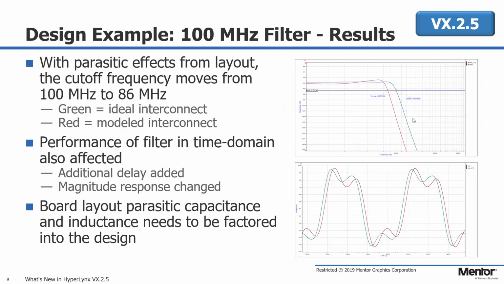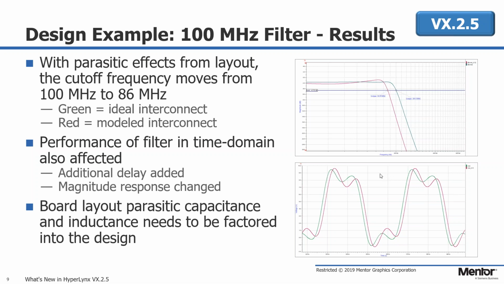And just like digital signals, back in the analog realm, if you add in those additional inductances, capacitances and resistances, it's going to modify your waveform. So here's an example: in green we've got the ideal waveform, and in red we've got the modeled interconnect simulation. So a bit different, and we want to include that.